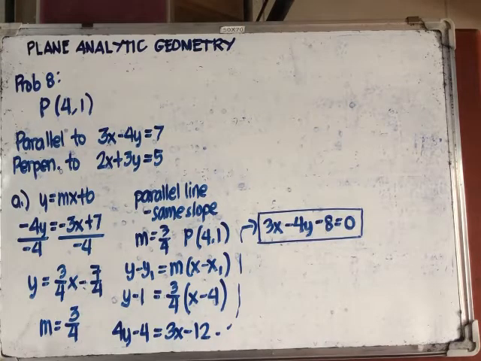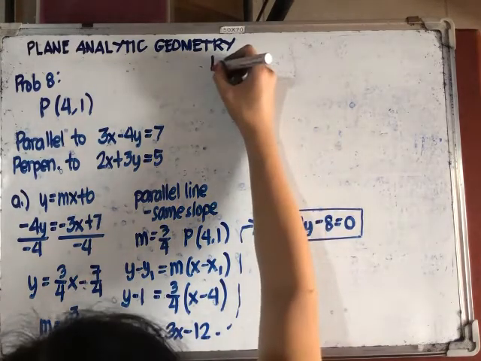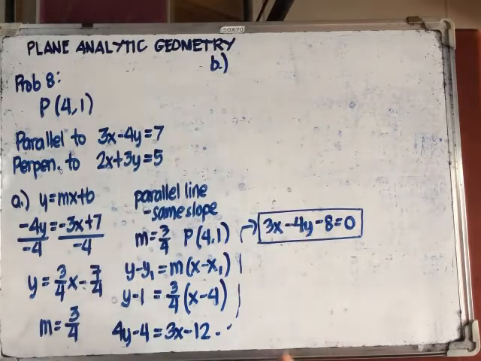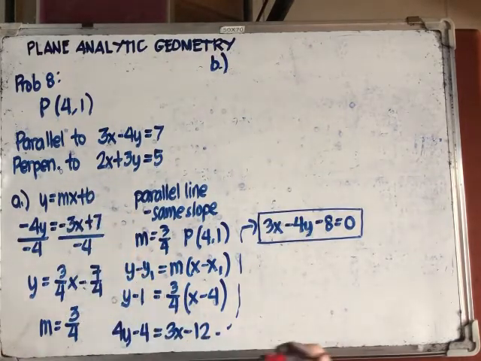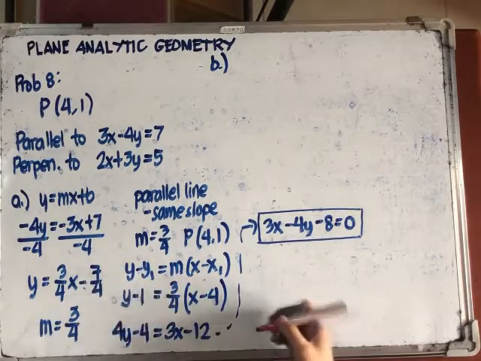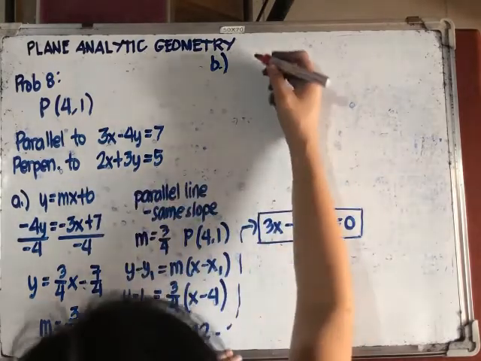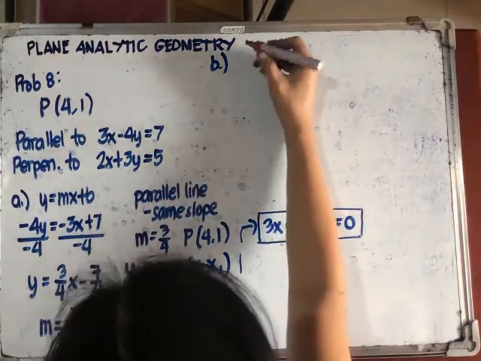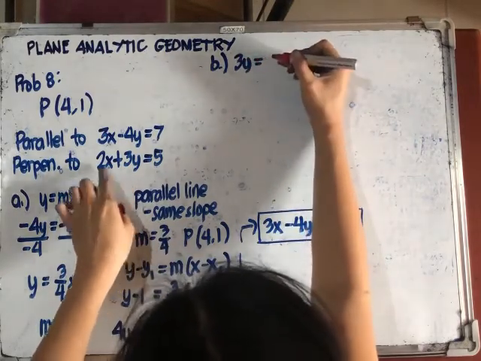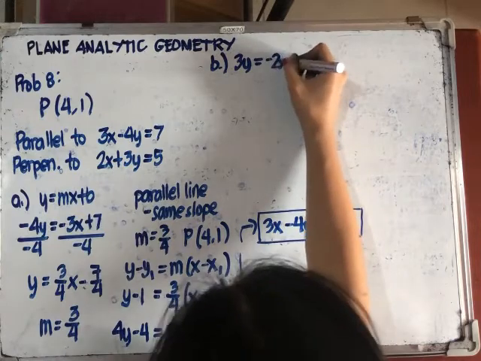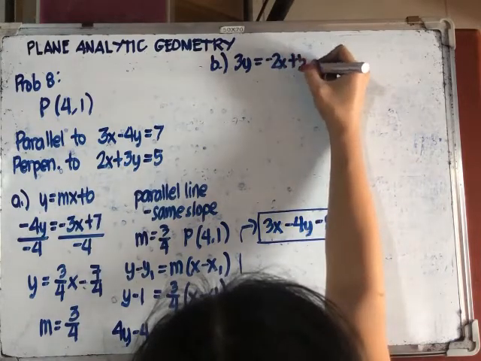For letter B, this one is perpendicular to 2x plus 3y equals 5. First things first, we need to identify the slope of this line. So transforming that to slope-intercept form, 3y is equal to negative 2x onto the other side plus 5.